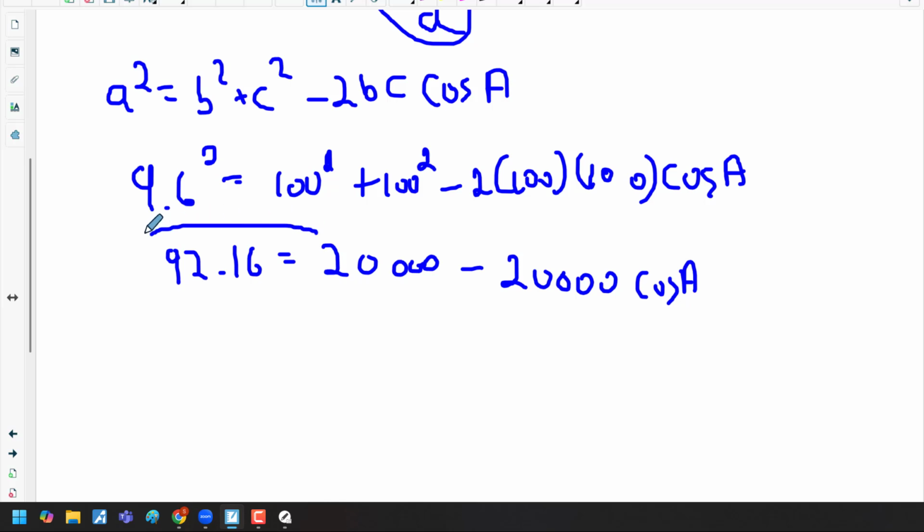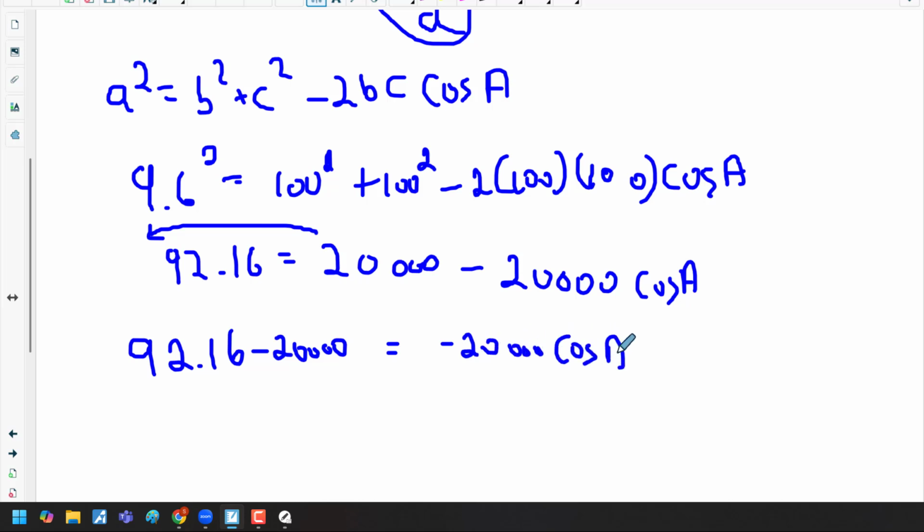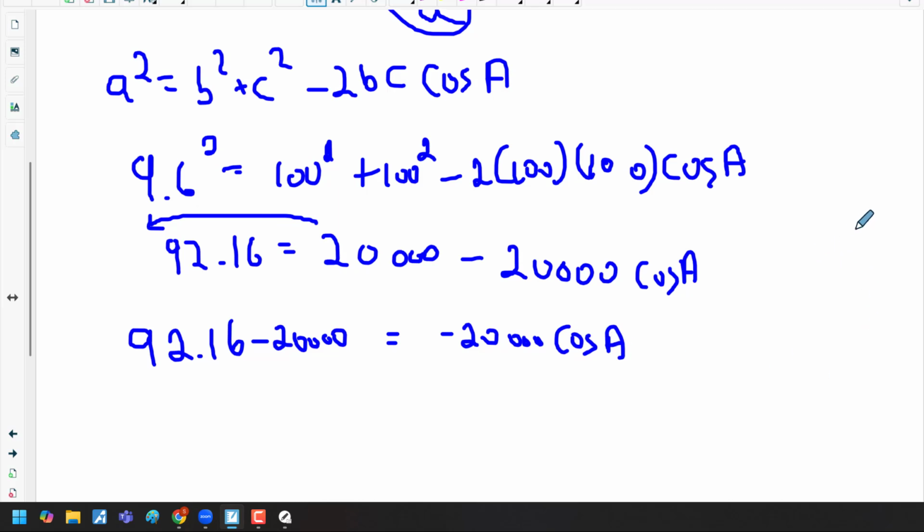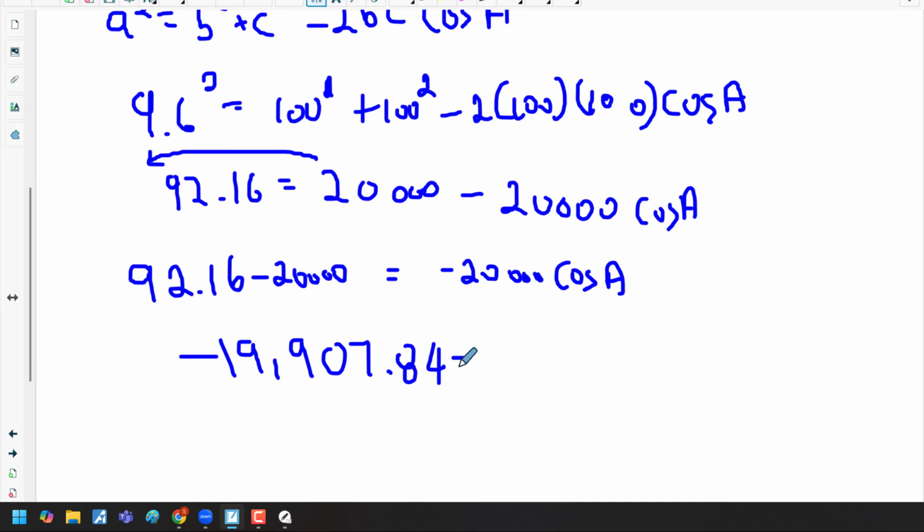You're going to take this 20,000 and you're going to go over here. And it's going to be negative. So the answer is going to be 92.16 minus 20,000 equals, there's still a minus 20,000 on this side. So what is 92.16 minus 20,000? We have negative 19,907.84.